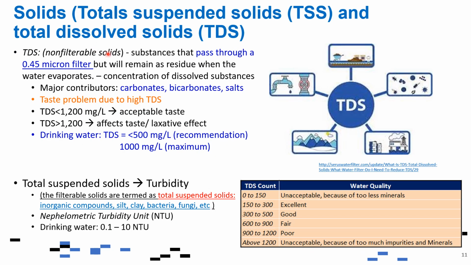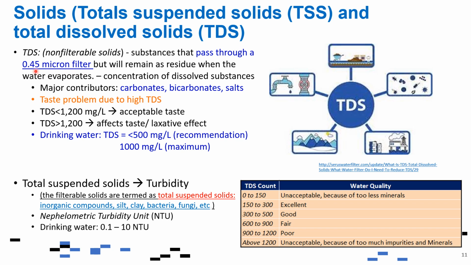Another important parameter is the solids concentration, and this refers to two kinds. This is the total suspended solids and total dissolved solids. So what is the difference between the two? Let's start with TDS. TDS is total dissolved solids, what we call non-filterable solids. Once we have a water solution, we subject that solution to a 0.45 micron filter, or 450 nanometer filter.